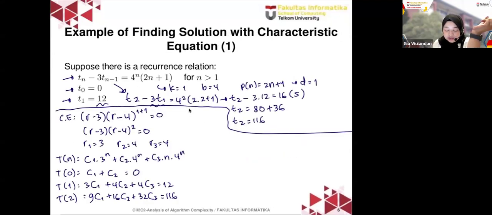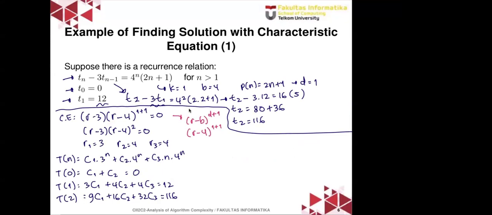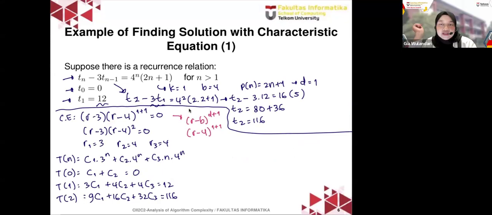And back to the example, this is r minus b, d plus 1. That's why we have r minus 4, 1 plus 1. Does it make sense? Yes, Miss. Thank you. No worries. Any other question?